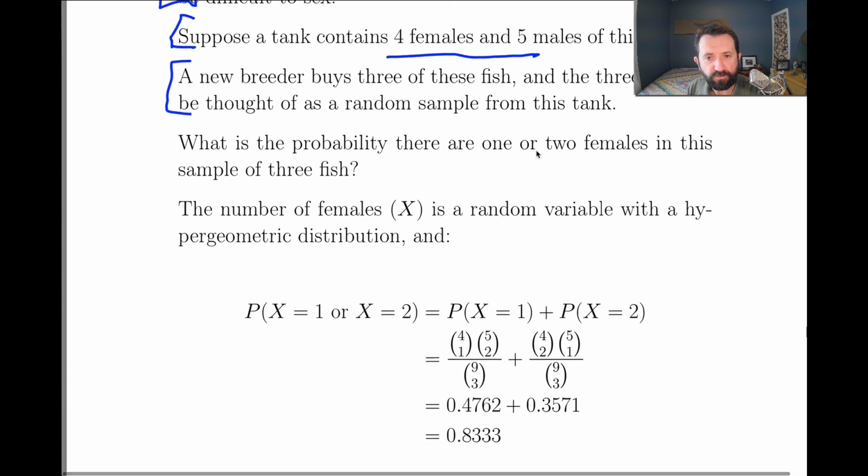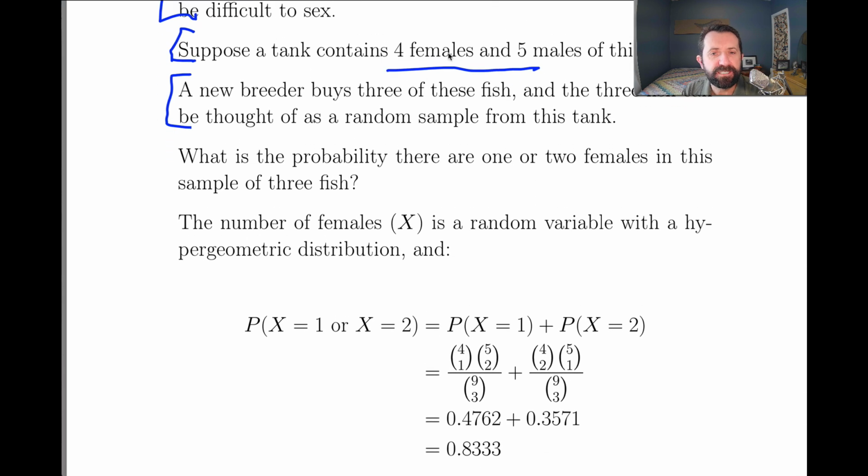Okay. So the question then: what is the probability there are 1 or 2 females, so exactly 1 or exactly 2 females in this sample of 3 fish? Who would care about this? I care about this if I'm the person buying and I'm a new breeder, because I'm getting 3 fish and I want at least one male and at least one female, if I'm hoping to pull something off here with the electric yellow cichlid and have some little ones come out eventually.